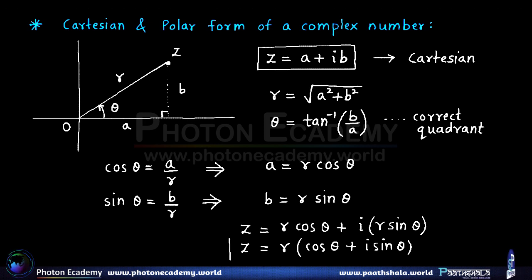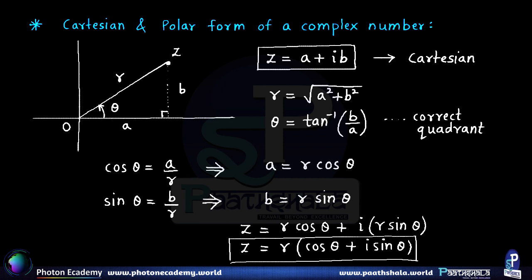So this is called as the polar form of the complex number. So we can switch back and forth from Cartesian form and polar form using these simple conversion formulae.